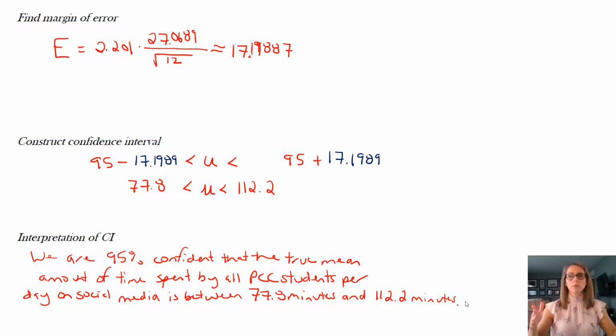Okay, so confidence intervals always: point estimate, add and subtract your error, and then interpret.